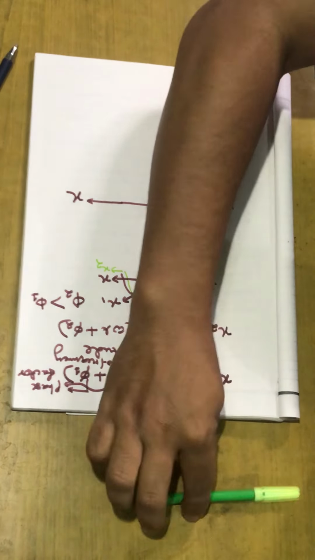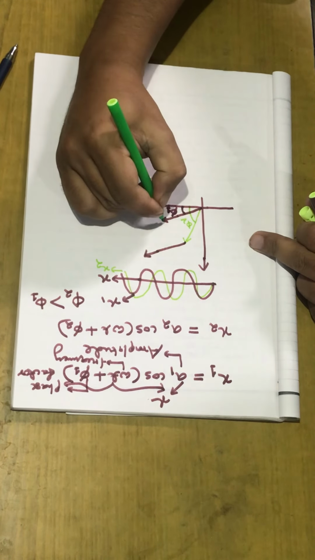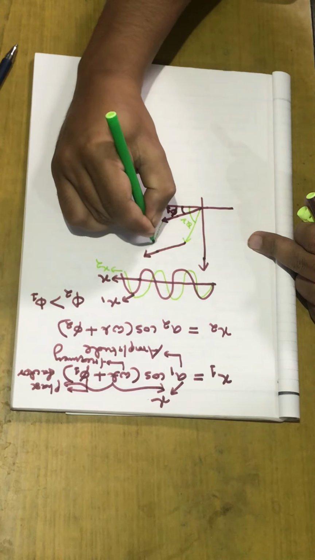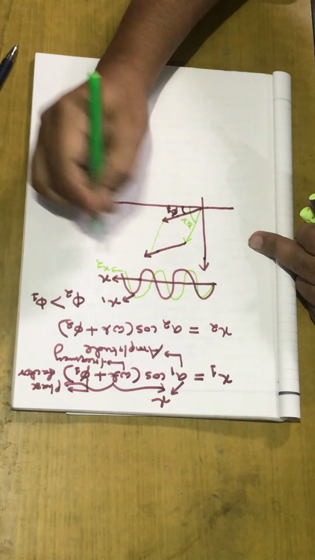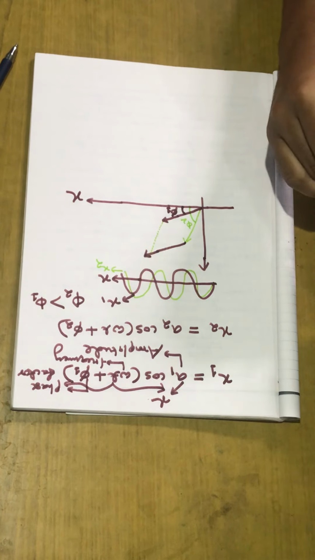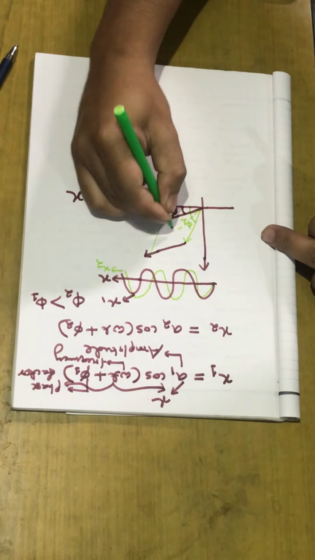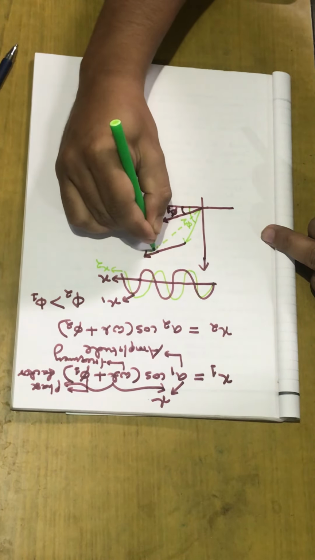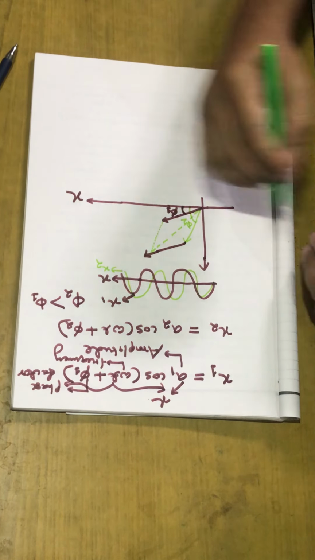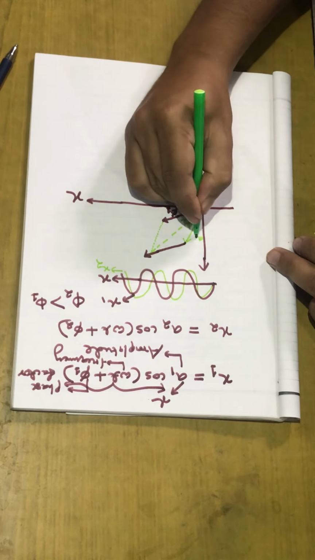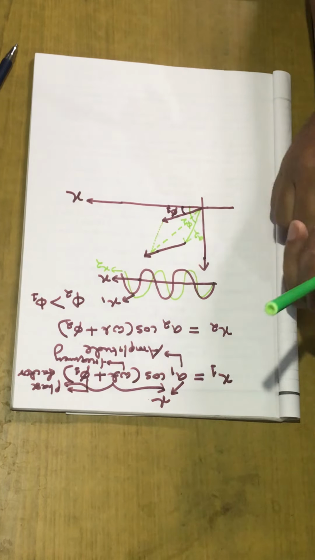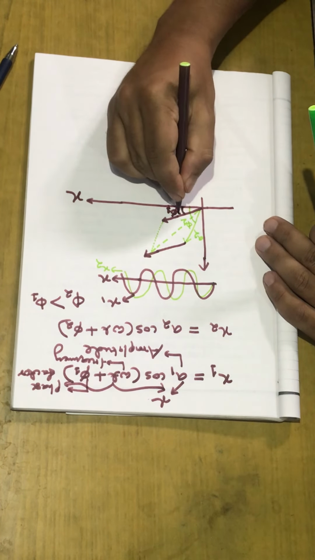Okay, then complete this parallelogram, and we have to draw the diagonal from here to here. Okay, so this is our A2 and this is A1.